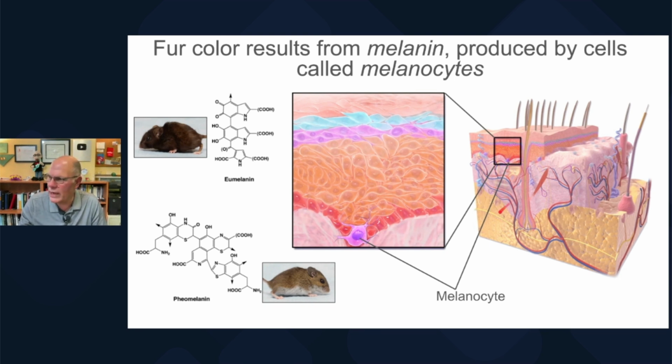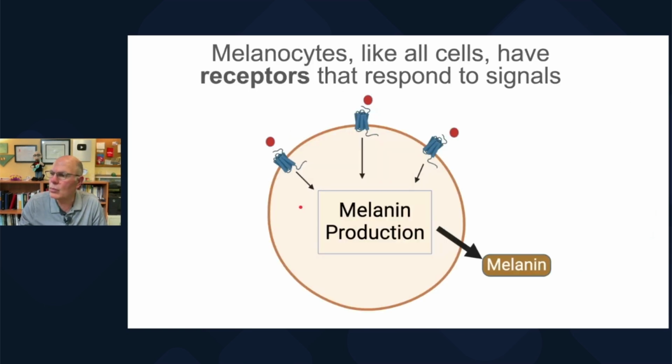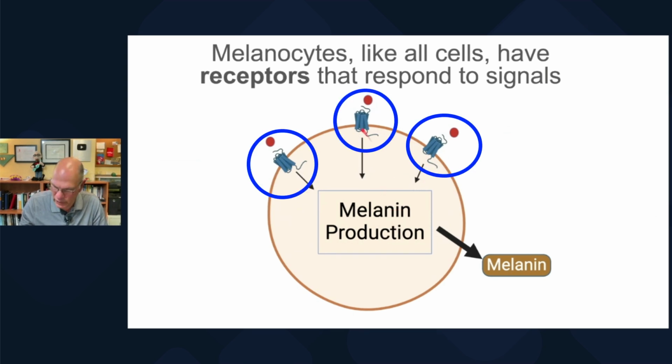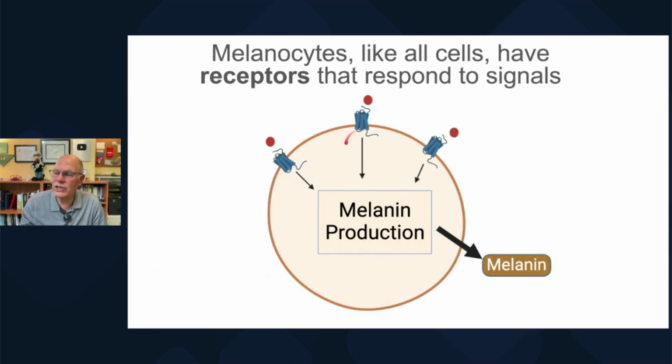There are multiple layers. And again, the thing to know is that we have these cells that are producing pigments, and the kind of pigment can change. Melanocytes, these melanin-producing cells, have receptors, and those receptors respond to signals. So here's a single melanocyte, very schematically drawn.